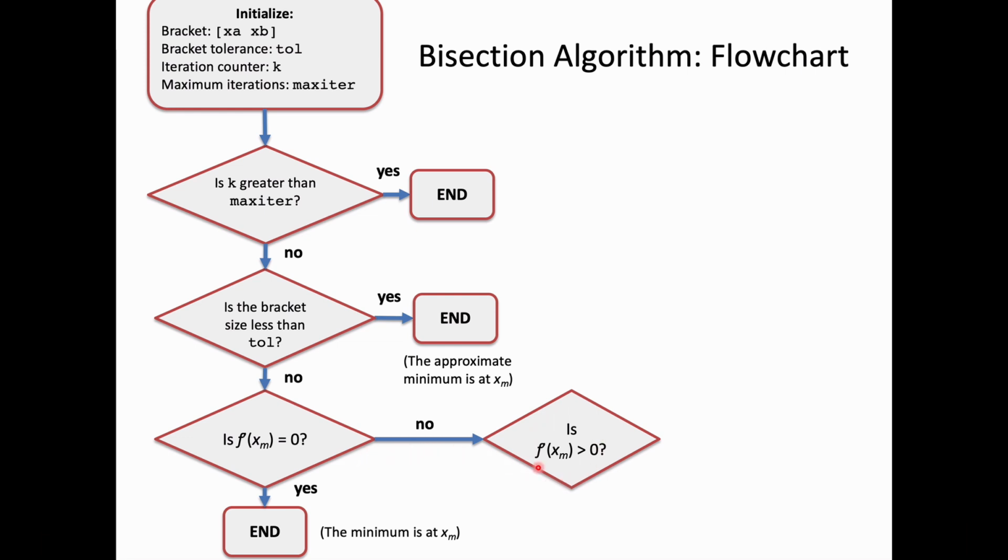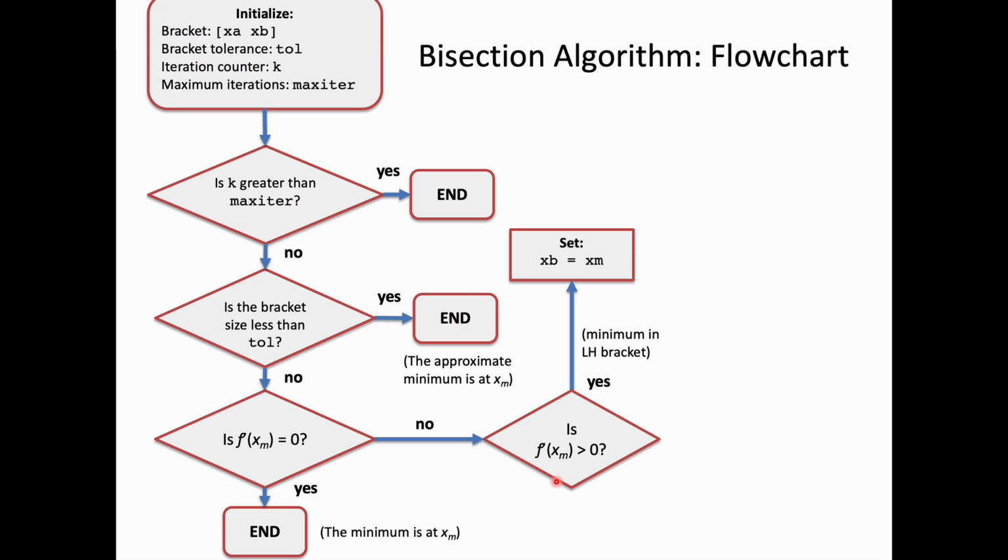We check and see, is the derivative positive? If the derivative is positive, then based on the description of the procedure in the last slide, we can then assert that the minimum is in the left-hand bracket. If it's in the left-hand bracket, then we reset the bracket.